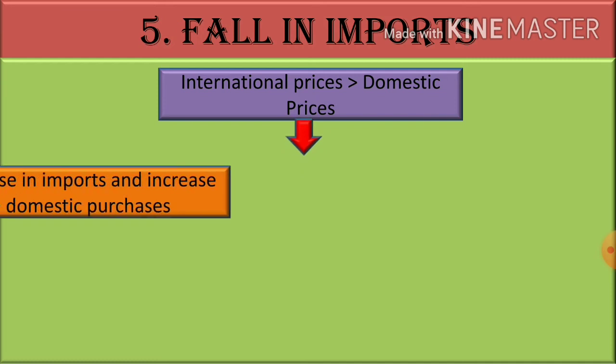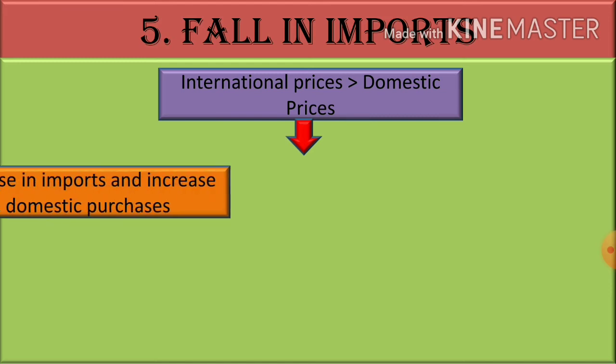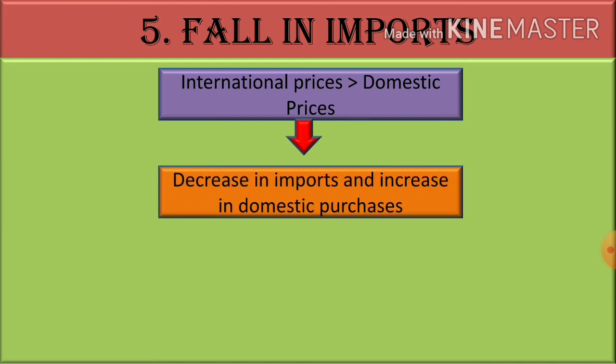There will be a decrement in imports. Why is it so? Because the goods and services which are available in foreign countries are costly in comparison to the goods and services available in the domestic country.